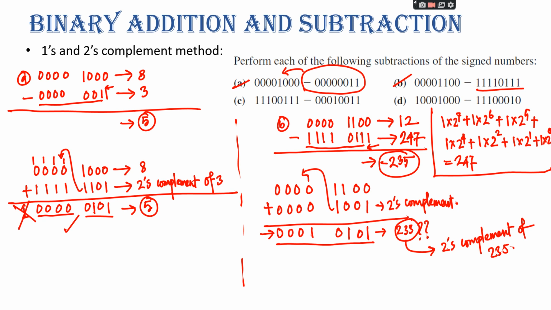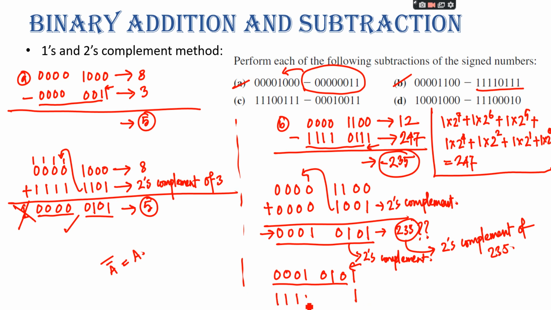So how can we get the actual number? If we take again the 2's complement of this number, then we will get the actual number. You remember, right? A bar, if you take bar again, then you will get the actual number, right? Yes, sir. So what will be the 2's complement of this number? 0 0 0 1 0 1 0 1. So first we get 1, and the rest of the term will be complemented.